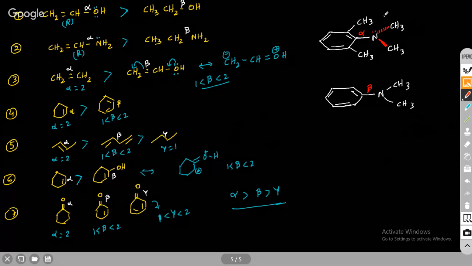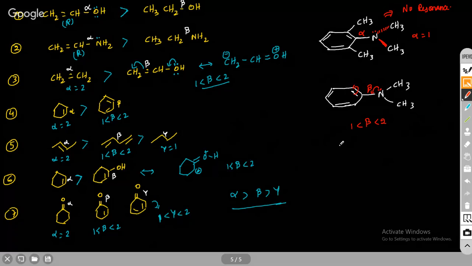So in this case, where we have this kind of group present, we have no resonance because of steric hindrance, and hence the bond order alpha we can say here it is equal to 1, exactly 1, because the lone pair is not involved in resonance. But here the lone pair is involved in resonance, right? So this bond order will be somewhere in between 1 and 2, right?